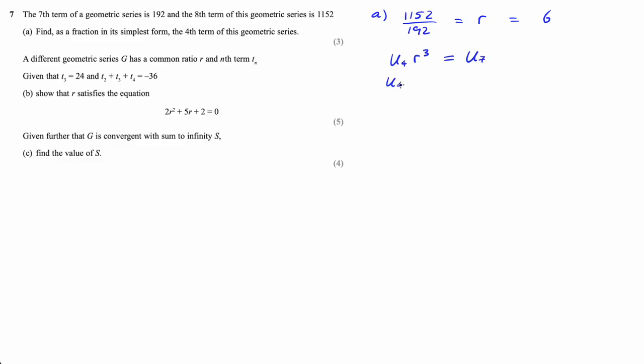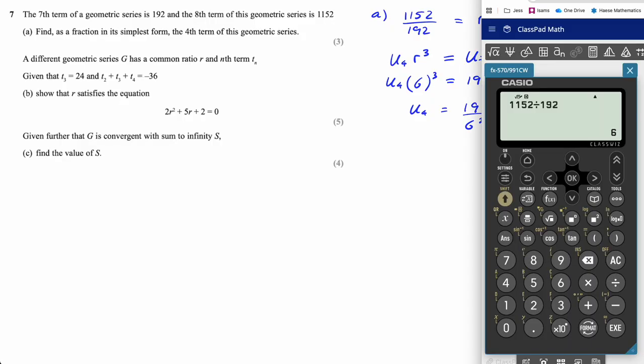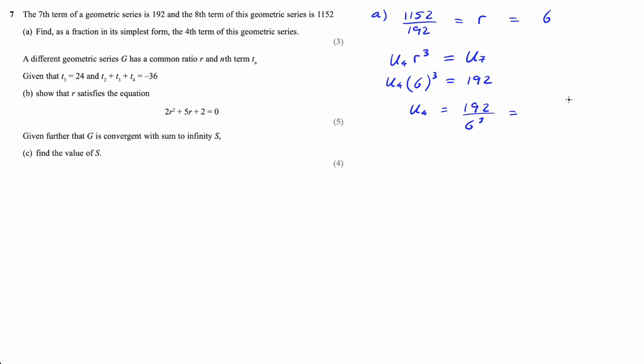So u4 times 6 cubed equals 192. u4 is equal to 192 divided by 6 cubed, which is 8 over 9. Seems like a reasonable answer. Okay, that is part A.